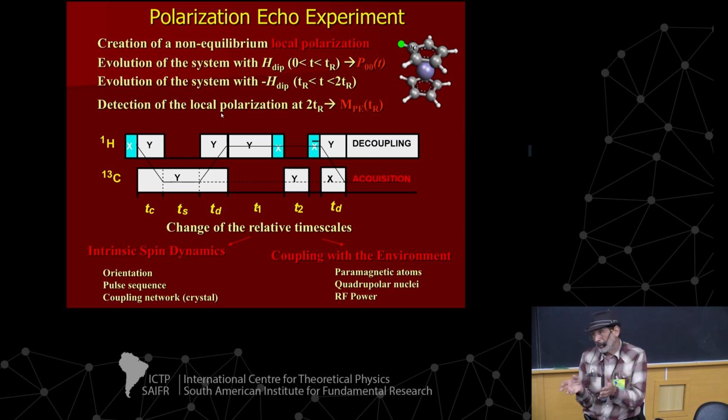I always think of the dipolar Hamiltonian as a Heisenberg Hamiltonian, where you have terms which are Ising terms and flip-flop terms. The only thing is that in the dipolar Hamiltonian the coefficient of the Ising terms is twice the coefficient of the flip-flop terms.